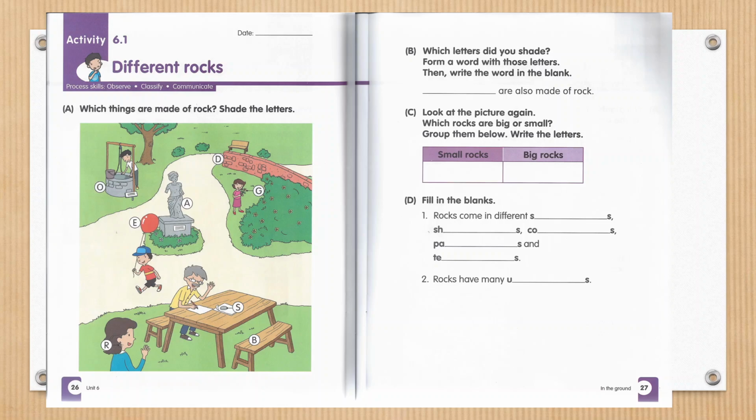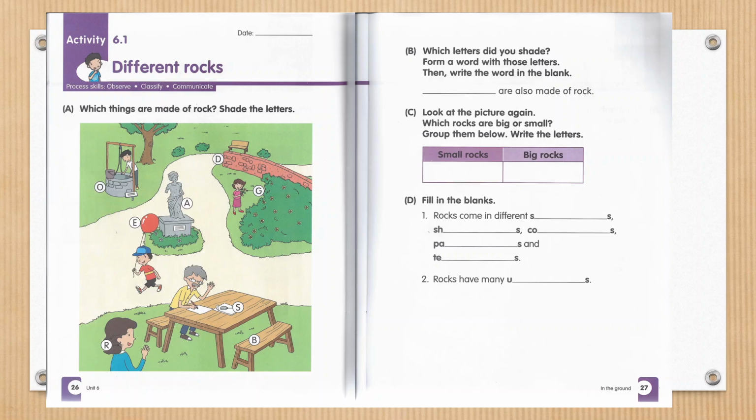Letter B, it says, which letters did you shade? Well, we have answered this. Form a word with those letters, then write the word in the blank. The word that you should make is roads. Roads are also made of rock.